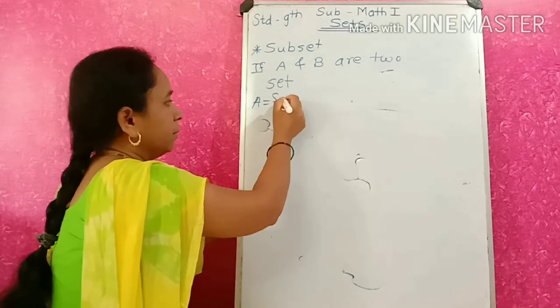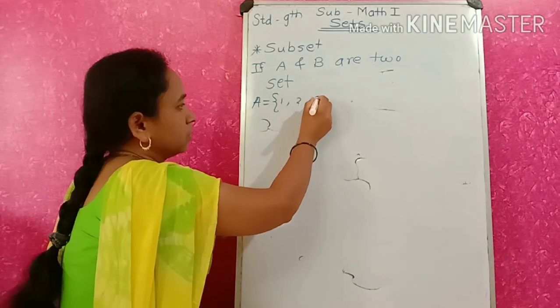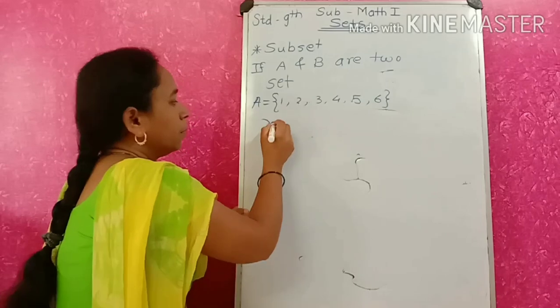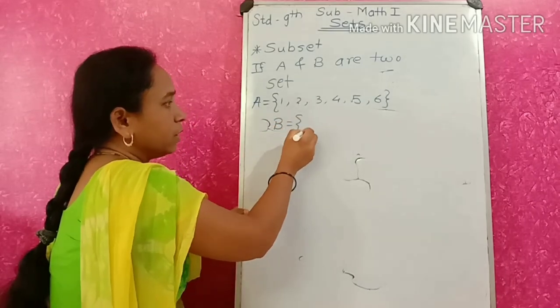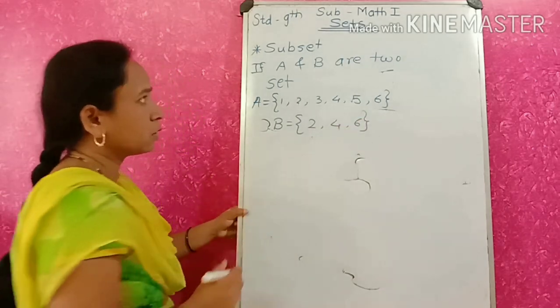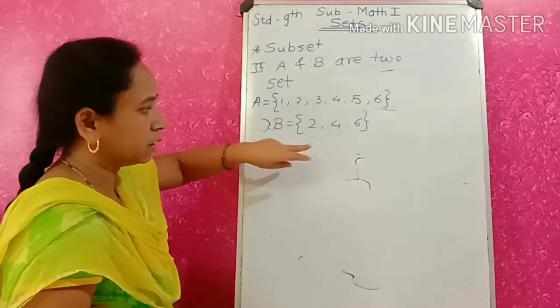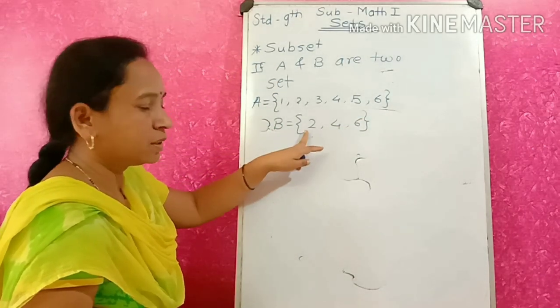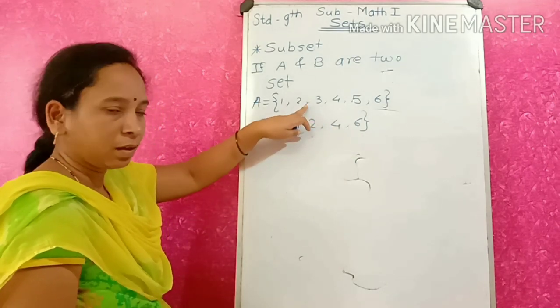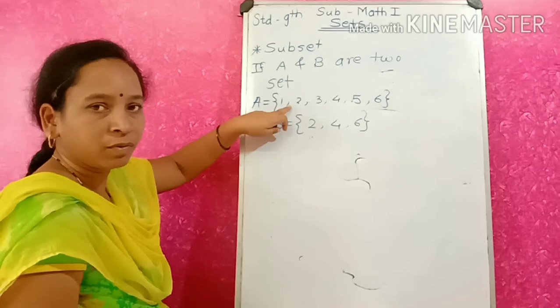A has the elements 1 to 6. B has the even numbers 2, 4, 6. So as per the definition of the subset, all elements from B are present in A, then B is called a subset of A.